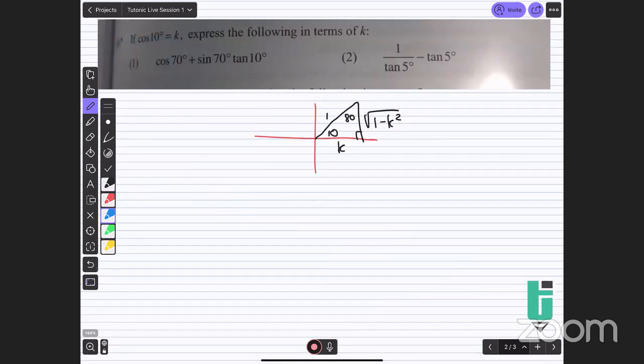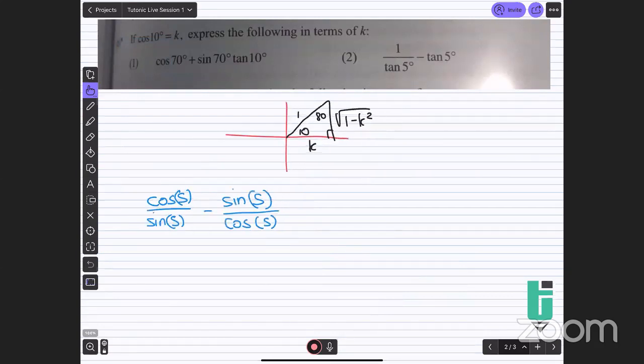Cos 5 over sine 5. And what's tan 5? Sine 5 over cos 5. And if you wanted to, you could bring them together. So we have to find what's cos 5.